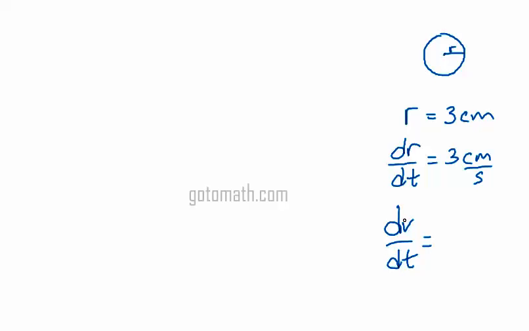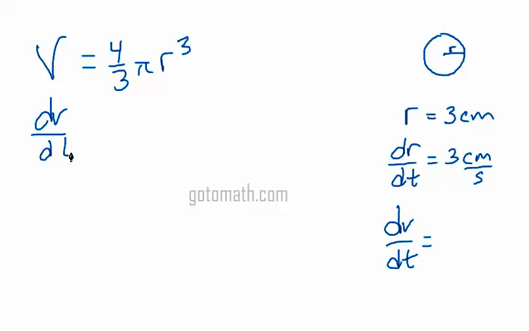So we're going to need to know the formula for the volume of a sphere. The volume is what's changing. If you remember back in the day, volume is equal to 4/3 pi r cubed, and now all we need to do is take the derivative of this with respect to time. So the derivative is dV/dt, and then bring the 3 out front.